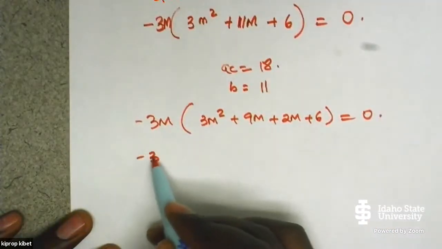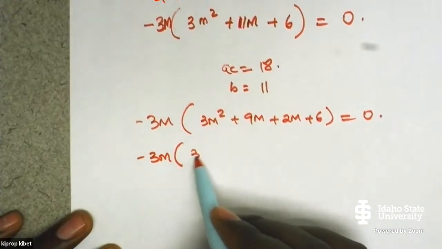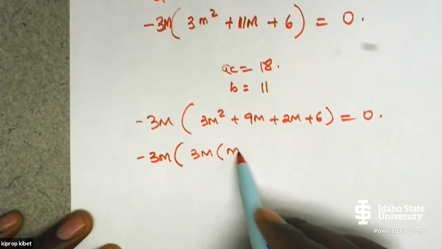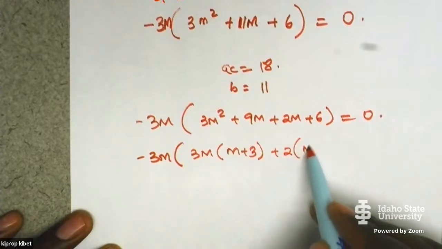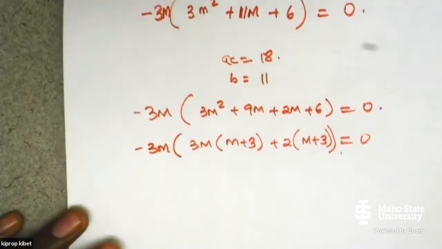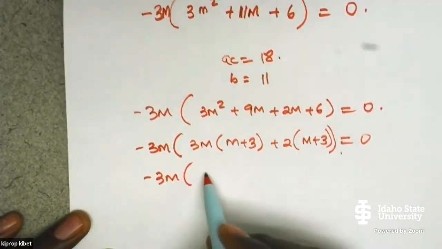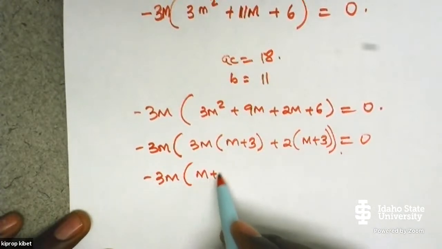So -3m, when you factor out 3m, what remains is m + 3, plus you factor out 2, m + 3 equals 0. Again, -3m, the common factor here is m + 3.